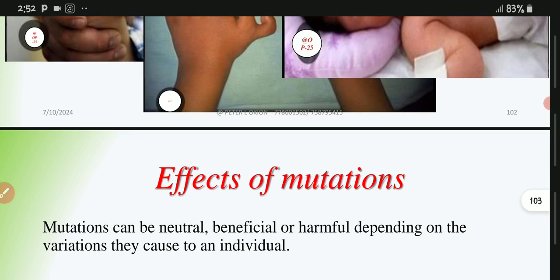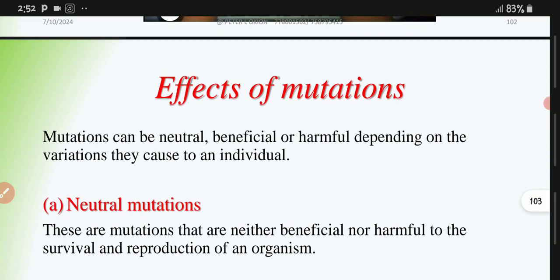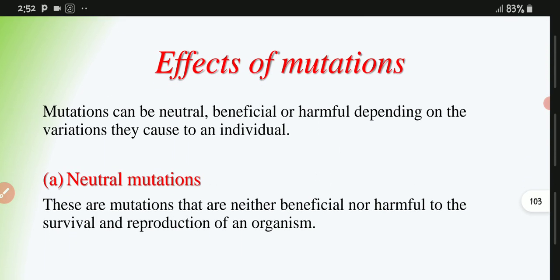Then you have what we call effects of mutations. Mutations can be neutral, some effects can be beneficial to human beings, and other mutations can be harmful depending on the variation they cause to an individual.